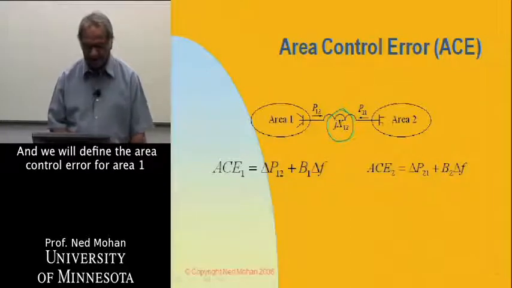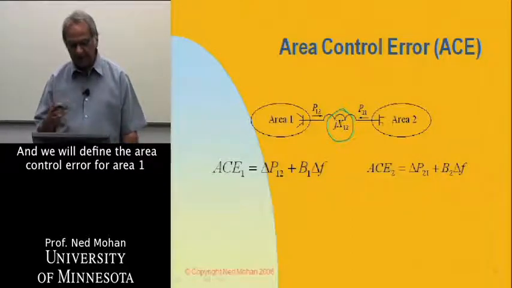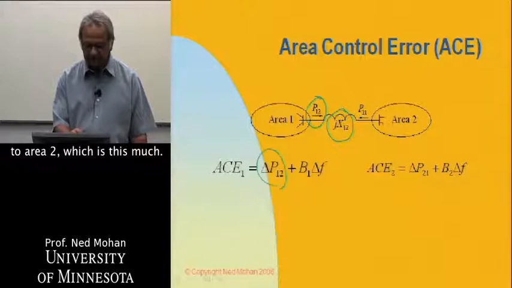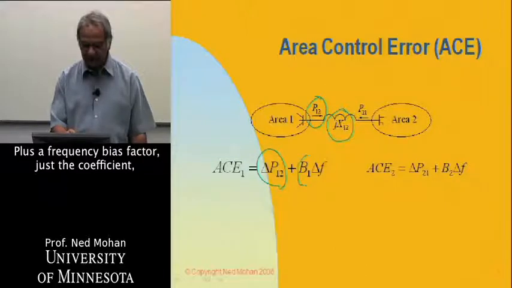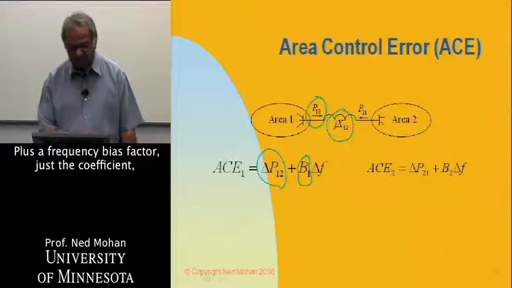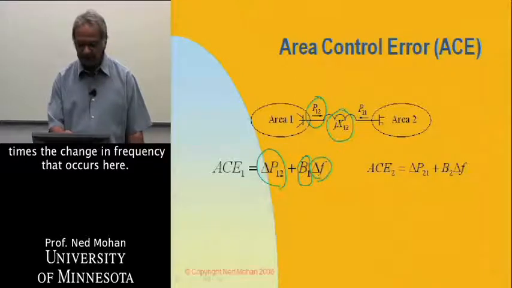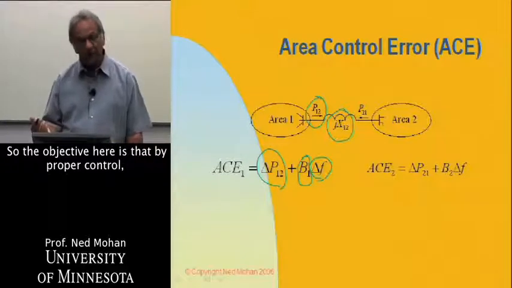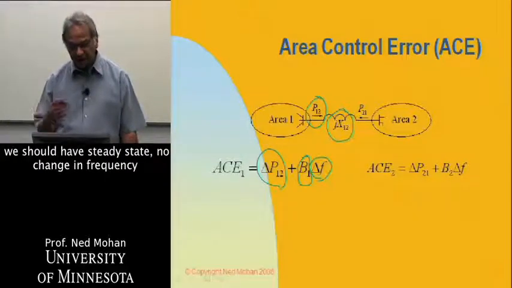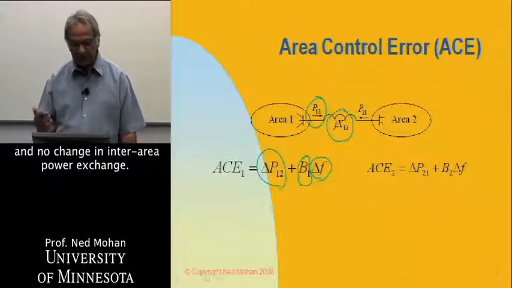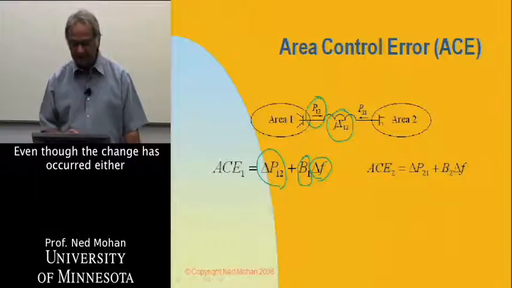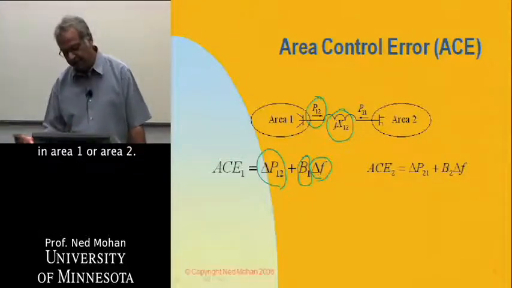We define the area control error for area 1 as the change in power flow from area 1 to area 2, plus a frequency bias factor, just a coefficient, times the change in frequency that occurs here. The objective is that by proper control, we should have in steady state no change in frequency and no change in inter-area power exchange, even though the changes occurred either in area 1 or area 2.